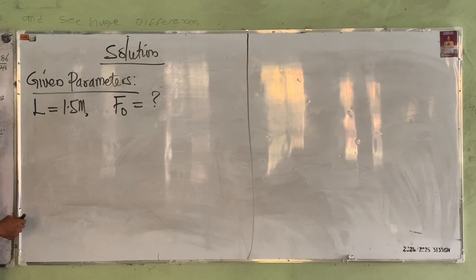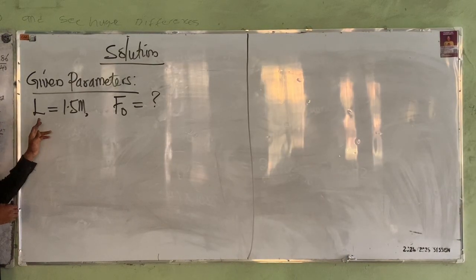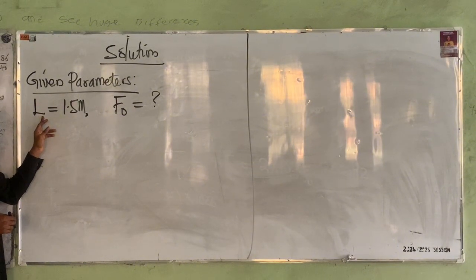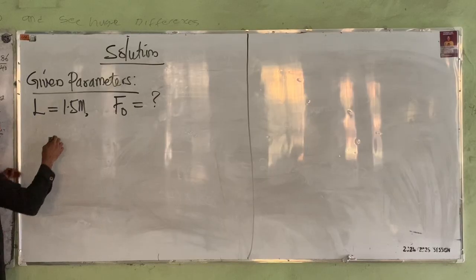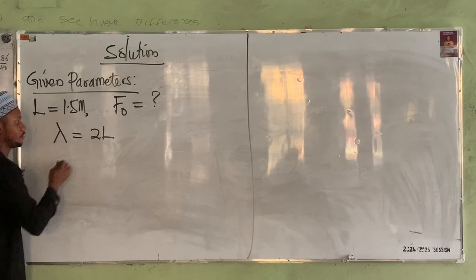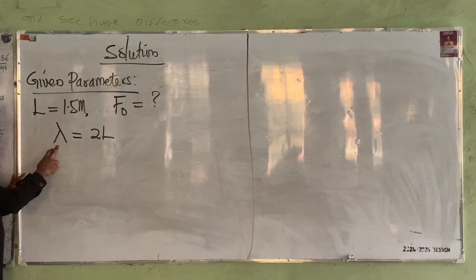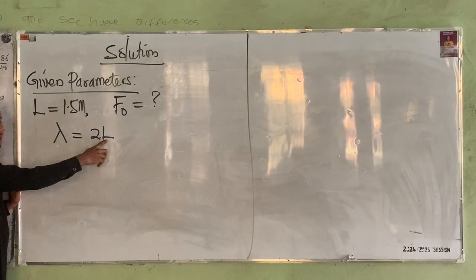It's open. In solving open pipe, we know that there is a relationship between lambda and length. What is the relationship between lambda and length in open pipe? We say that lambda for open is equal to 2 what? Have you forgotten? Our intention here is to calculate lambda, since the length is given to us.